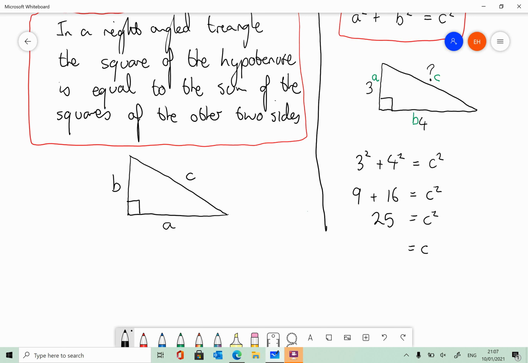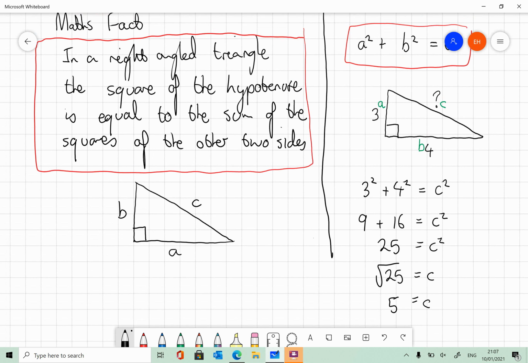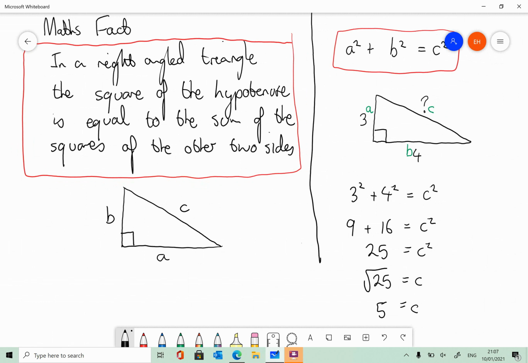So C by itself must equal the square root of 25. We're only going to take the positive square root because it's a distance. So C must equal 5. So I now know that the distance from there to there is 5. So I've worked that out.